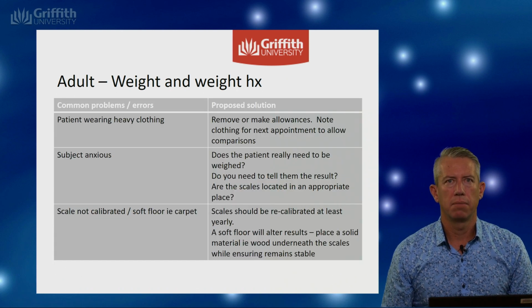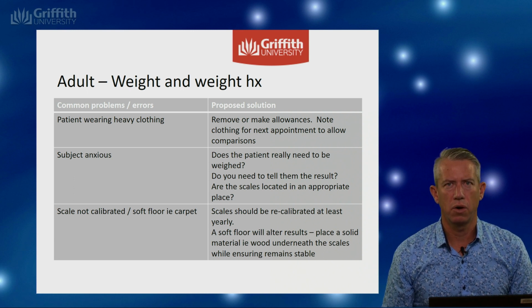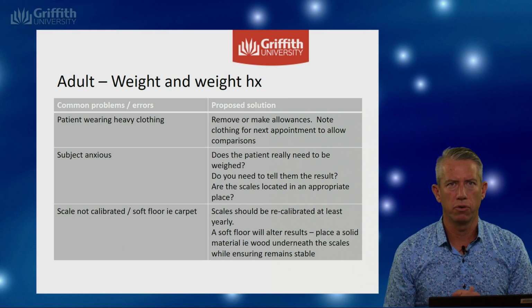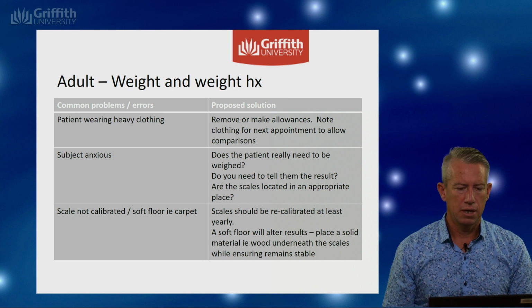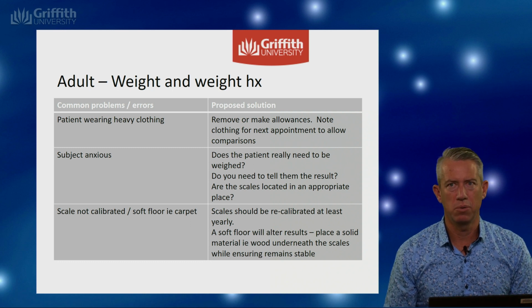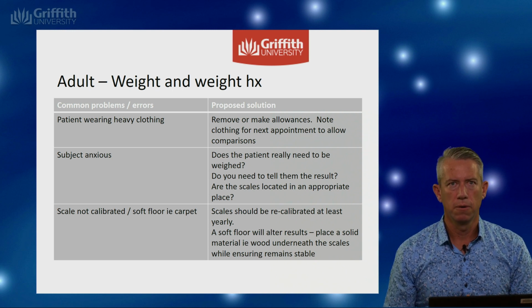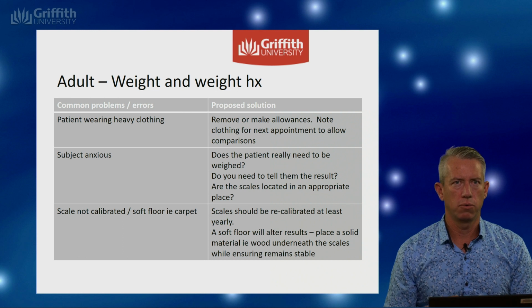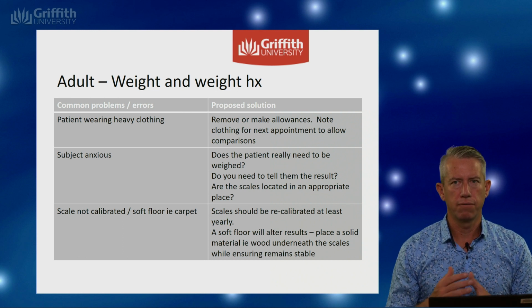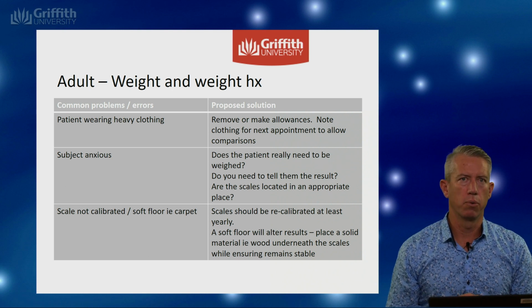Here we have some common problems or errors. So patients wearing heavy clothing and some proposed solutions. I don't need to read these, but subjects who are anxious, well, one of the key things that you need to consider is, does the person actually need to be weighed? And you'll get far more from your client coming back to see you, because you created an environment which was comfortable and lowered the anxiety level, than putting them on the scale so that you can get your data point.